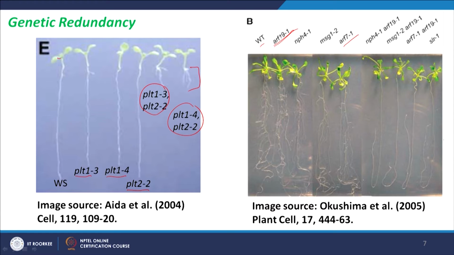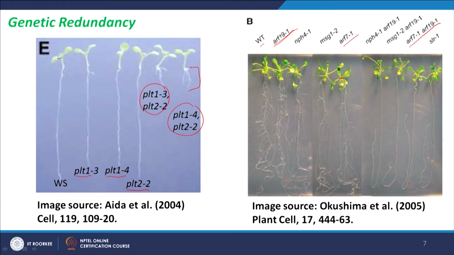So, if you compare with the wild type, ARF19 and ARF7 alone do not have much effect on the lateral root development. So, you can see that primary roots are developed, and these primary roots have a significant number of lateral roots. But when you make a double mutant where ARF7 as well as ARF19 both are disrupted, you can see that primary root is very well grown.